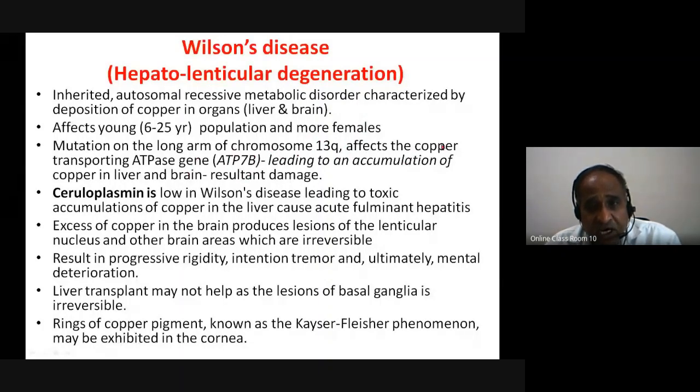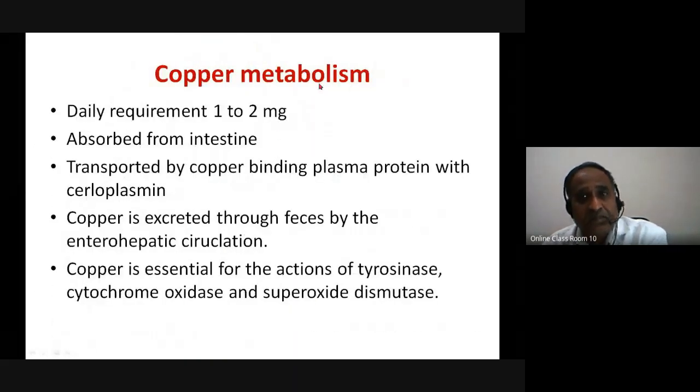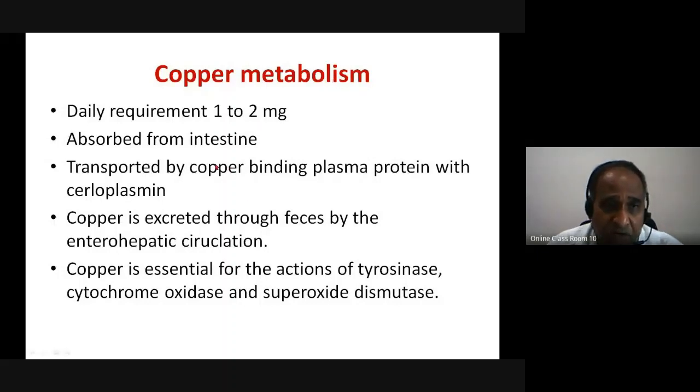And this copper transporting gene is affected, hence that results in the accumulation of copper in the liver and brain, because transport is not taking place, and resultant damage. Now let us see what is this copper metabolism. Just briefly, I have covered it in 5 points.